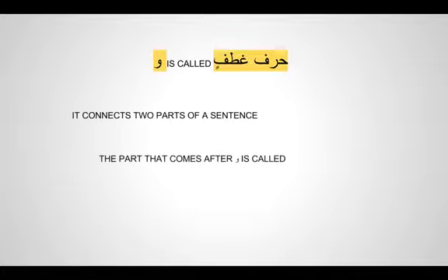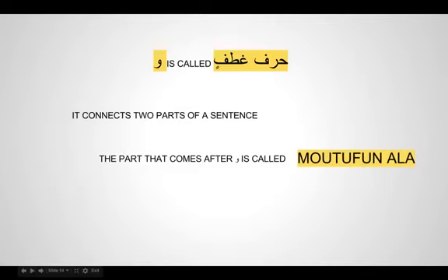And the part that comes after wow is called mawtufun ala. Just to explain what it means, it is a particle of connection which connects the two parts of a sentence.